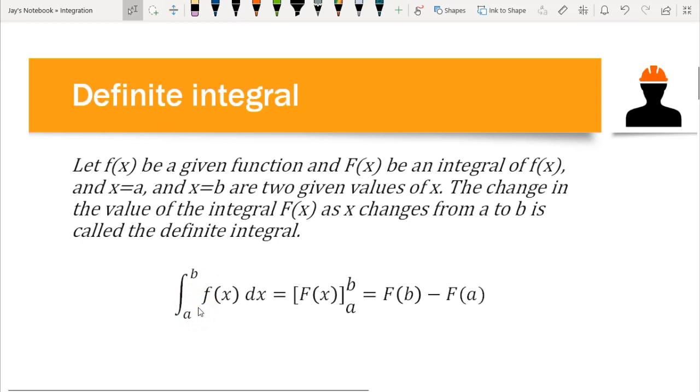So our definite integral here is the difference when our upper limit is substituted to the function of x, minus when our lower limit is substituted to the function of x. This is the result, the definite integral. It is pretty simple, since what we need to do is substitute the lower limit and the upper limit in the function.